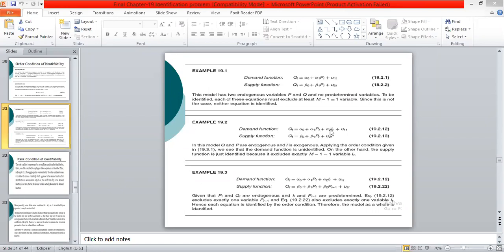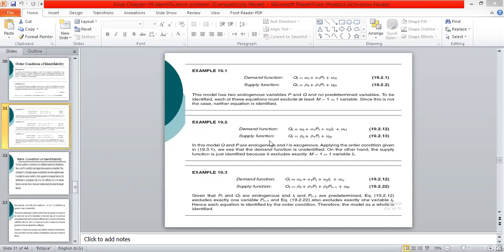So place these values into the model and then conclude what is going on. What will be the outcome? K minus k greater than or equal to m minus 1. This is the formula. So capital K equal to 1 and lowercase k equal to 1. K minus k, that is 1 minus 1, equal to 0.